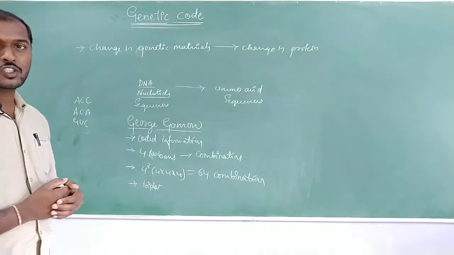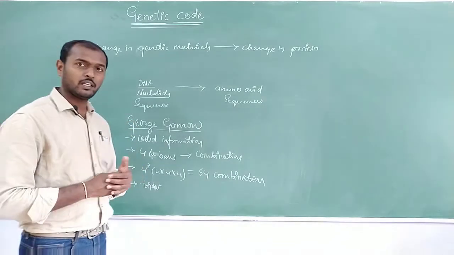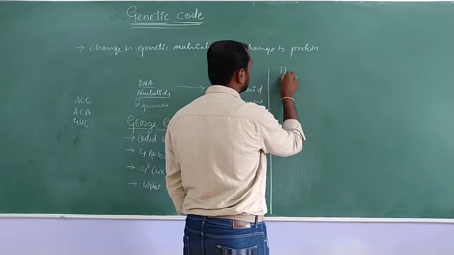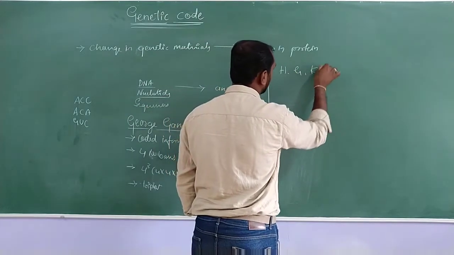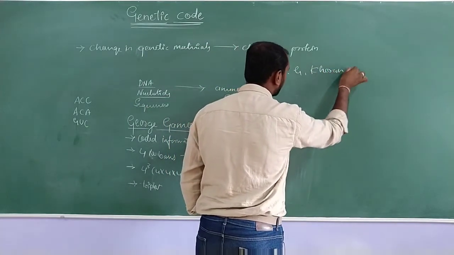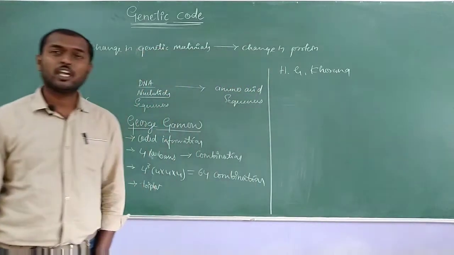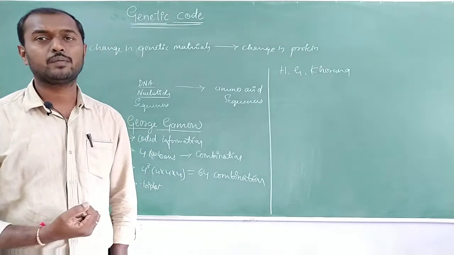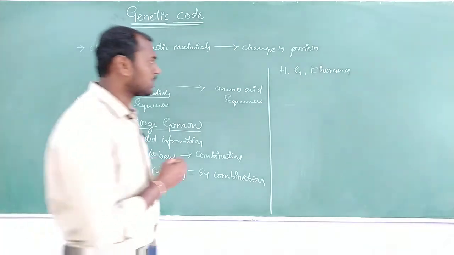And the next scientist belongs to India. Okay, the Indian scientist, that is Professor Hargobind Khorana. He is able to give much more information regarding the genetic code. What did he do? He succeeded in preparing mRNA.